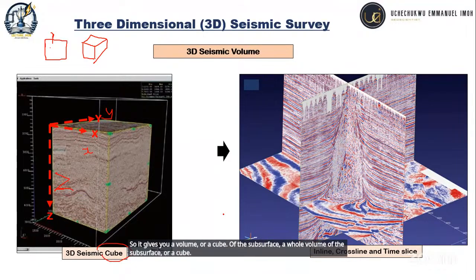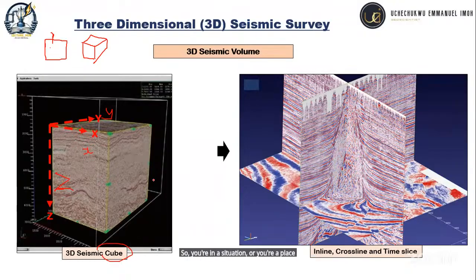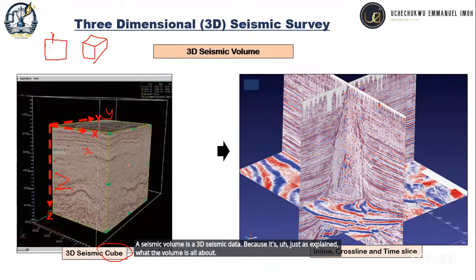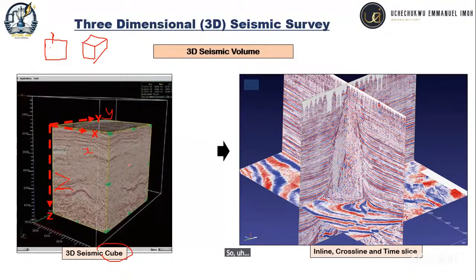So you're in an environment, you're in a company, and one of your senior colleagues is telling you about seismic volume. Please do not get confused. A seismic volume is a 3D seismic data, because I've explained what a volume is all about.